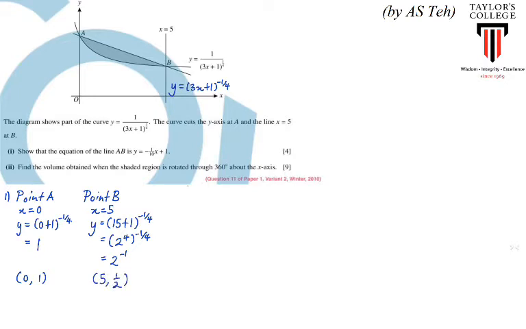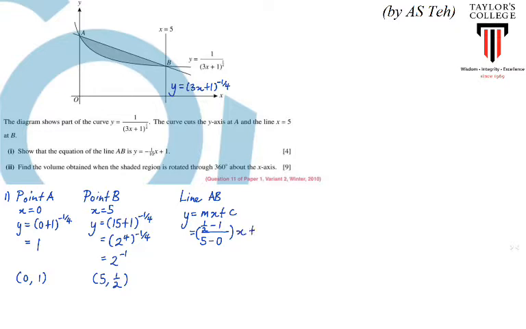Now we can find the line AB by using the equation y equals mx plus c. Here m is the incline, which we can find using the 2 points: y2 minus y1, which is half minus 1, over x2 minus x1, which is 5 minus 0.